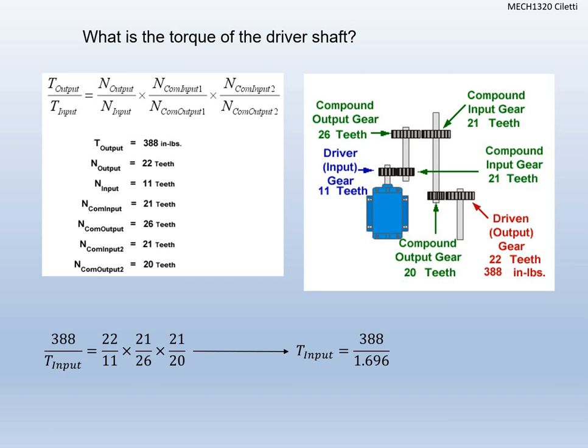So our input torque here ends up being 388 divided by 1.696. We multiply both sides by input torque and divide both sides by the ratio to get our input torque. When we do that calculation, our input torque ends up being 228.7 inch-pounds.